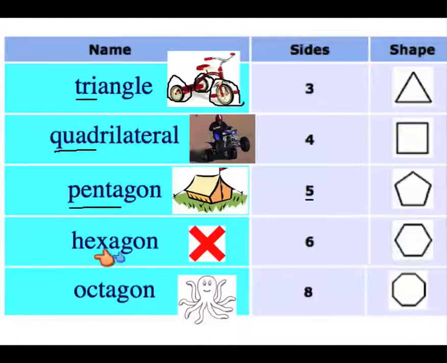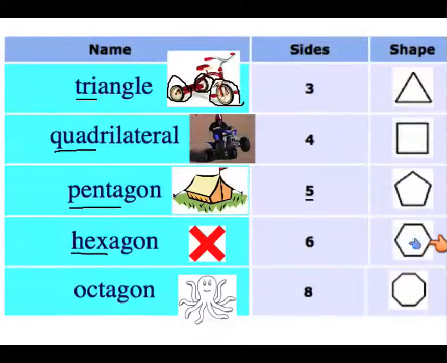Hexagon, hex, H-E-X. Now that means a 6-sided figure. The way I remember that is the X, because the word 6 has an X in it, and so does hexagon. So hexagon means a shape with 6 sides.